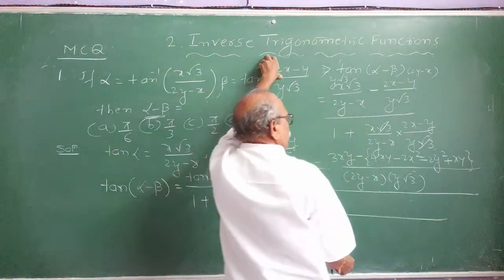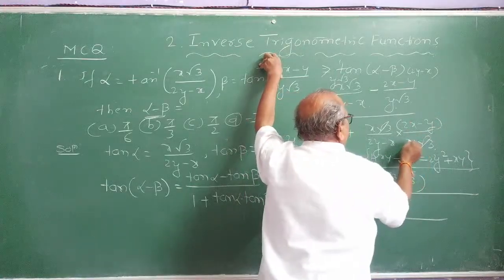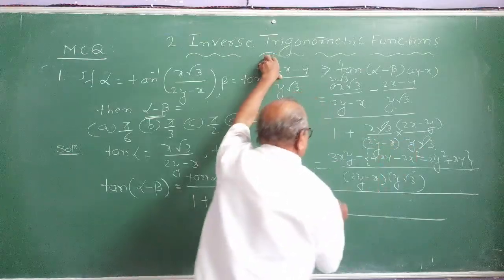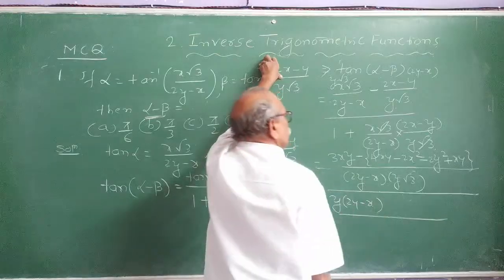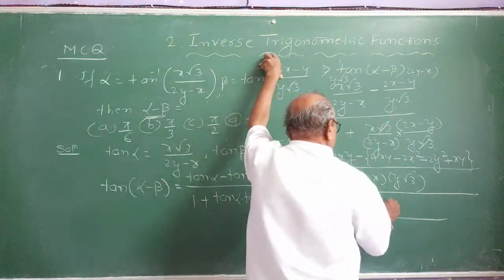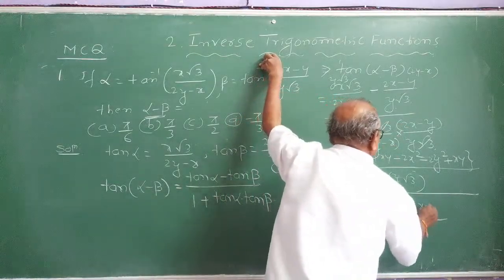Be quick in solving this. In the denominator you are left with x into bracket 2x minus y, and here the LCM is y into 2y minus x, plus x into 2x minus y.